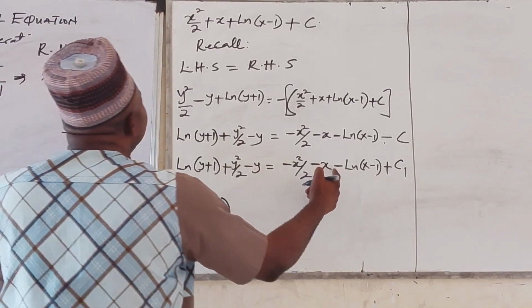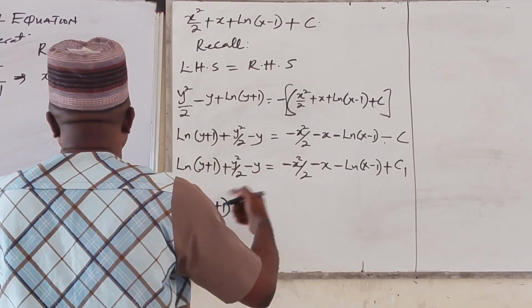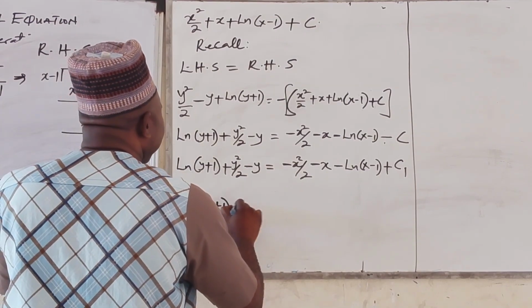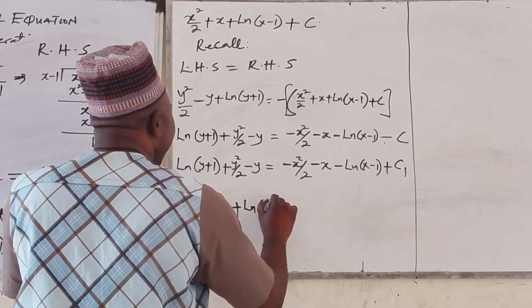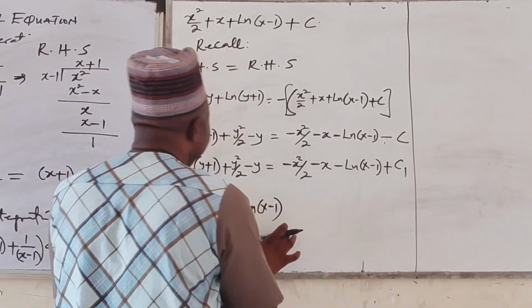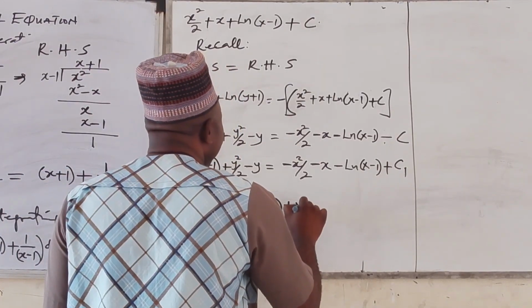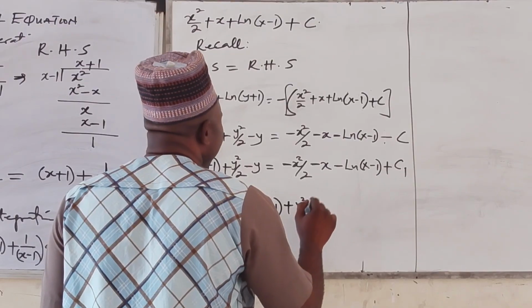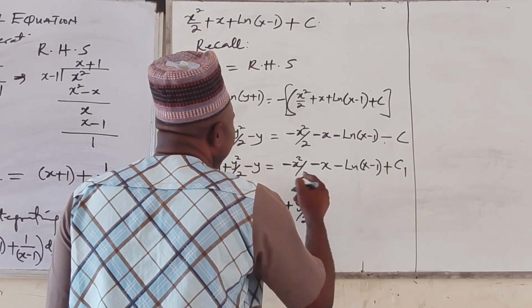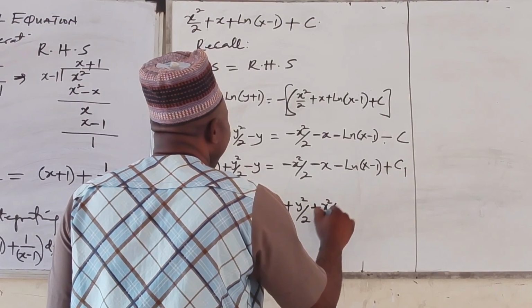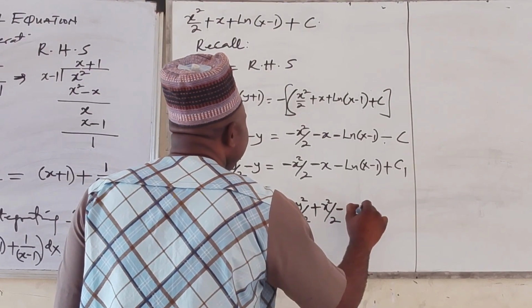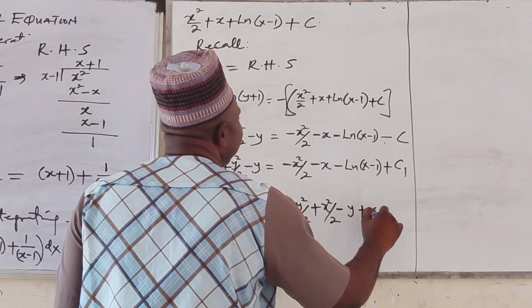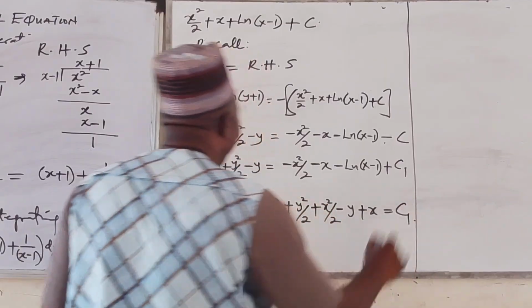Now if you bring this to the other side, it will be plus ln x minus 1. Then here we have plus y squared all over 2, plus x squared all over 2, then here we have minus y plus x. Now the whole of this is equal to c1.